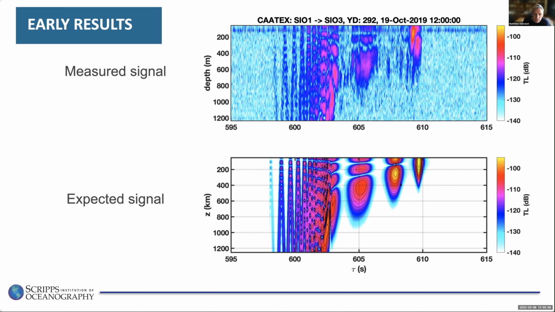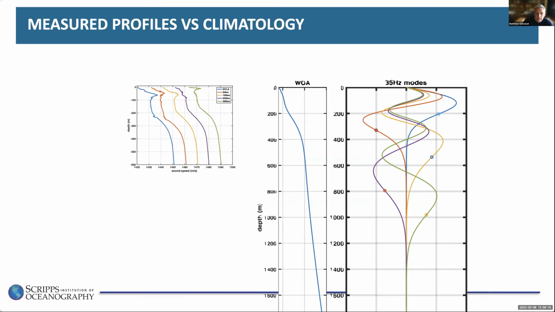And I'll show something else in a second about that. But you can see the other modes, mode 4 in here, it's hard to pick out a 5 or 6, but then you can start to see the arrival patterns, or the ray-like arrivals, coming in also at the earliest times.